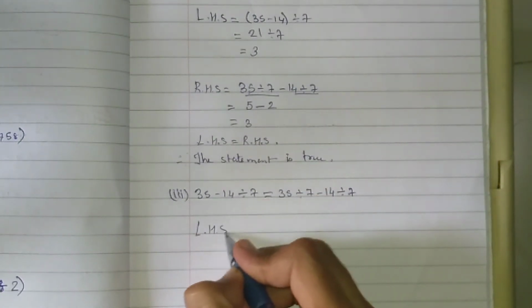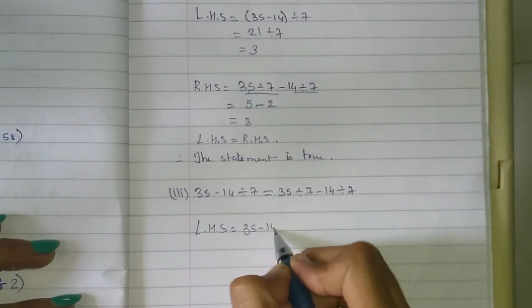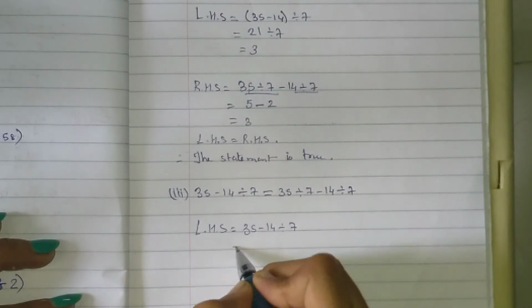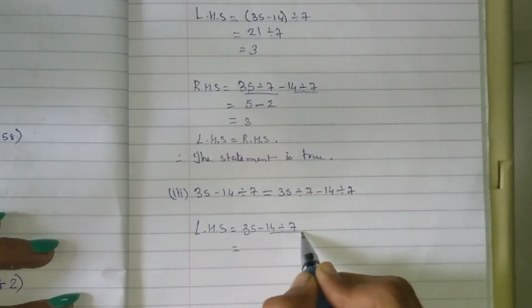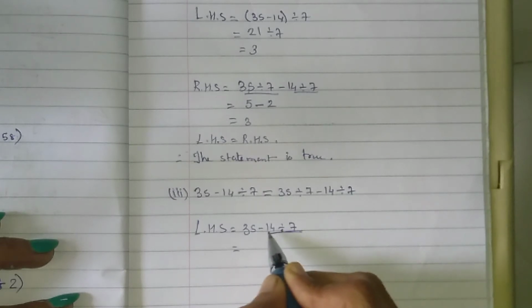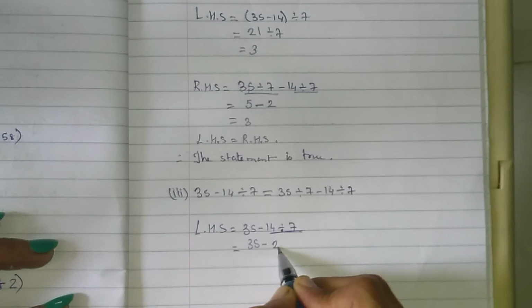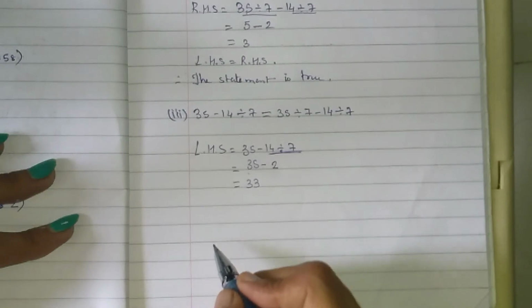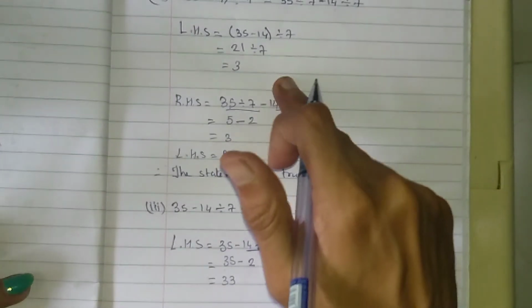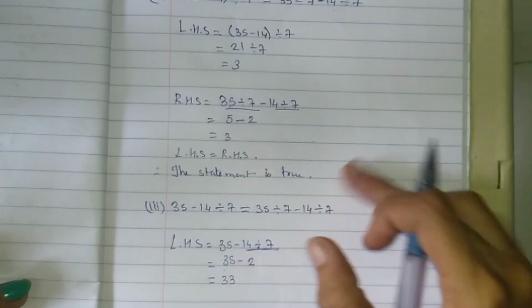Just see the difference. LHS equal to 35 minus 14 divided by 7. Now first we have to use Bodmas rule. So we'll do division first. So 14 divided by 7 is 2, so 35 minus 2 is 33. See, here LHS is 33 and here is 3. Because of bracket, this much difference is there.